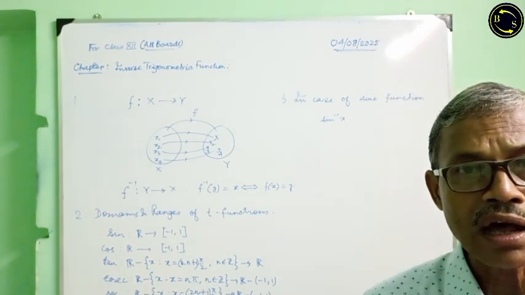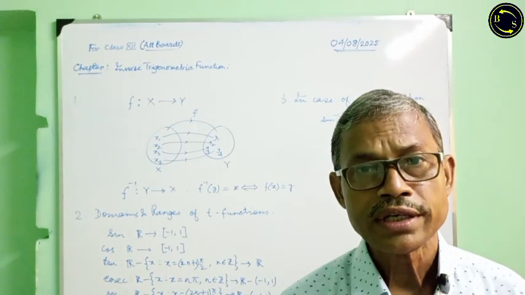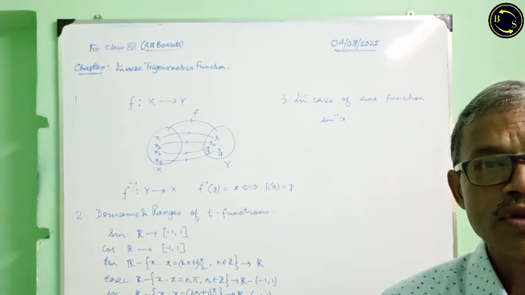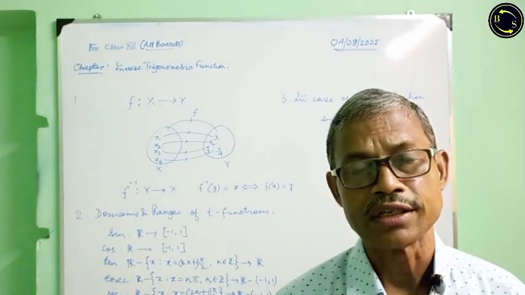Already I have mentioned earlier, in general, all trigonometric functions are not 1, 1 or onto. That is not bijective.